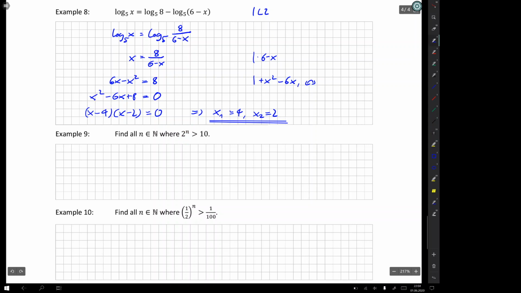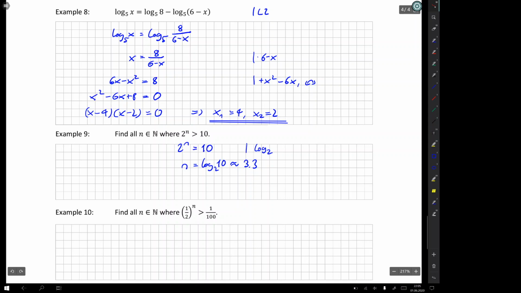Let's do it. So we do 2 to the power of n equals 10 using the logarithm in base 2. We get n equals logarithm of 10 in base 2, and that's approximately 3.3. So 2 to the power of 3.3 is equal to 10.